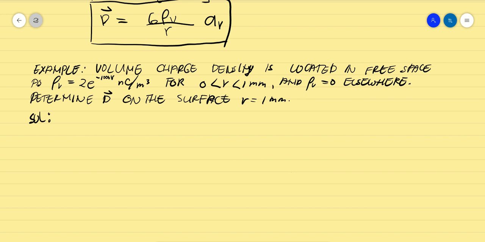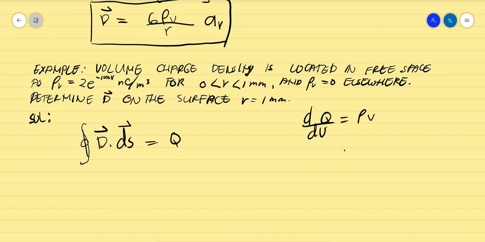First, let us derive the formula for D. So D dot dS is equal to the Q enclosed. And given rho V, we can solve for Q. dQ over dV is equal to rho V, or Q is equal to the integral of rho V dV.